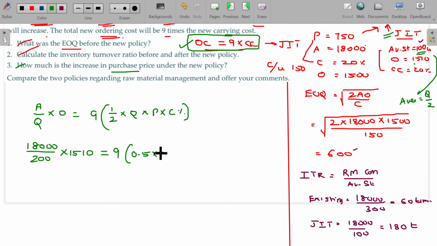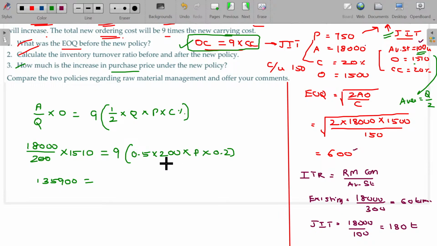0.5 into quantity ordered every time, 200, into price. I don't know the price; I am supposed to calculate the price only. Carrying cost per unit per annum being 20%, 0.2. Now finish up the left hand side value: 1,35,900.